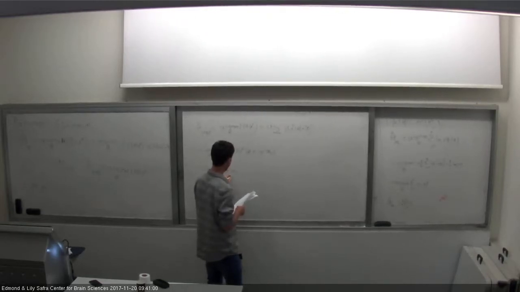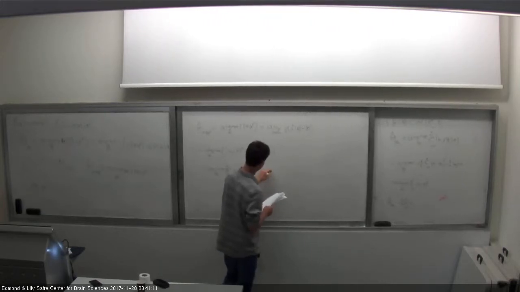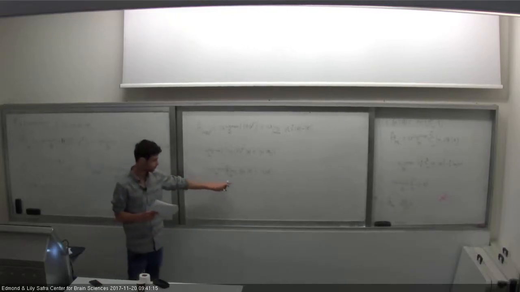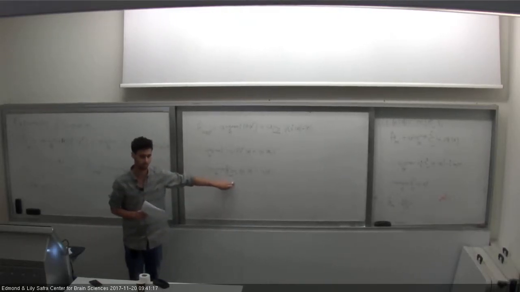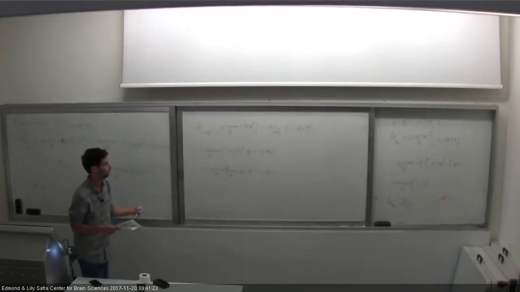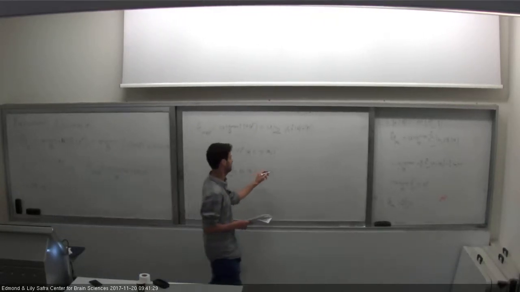So we have here two terms. One of them depends on n, right? It changes as we get more observations, and one of them is the prior, which is fixed.